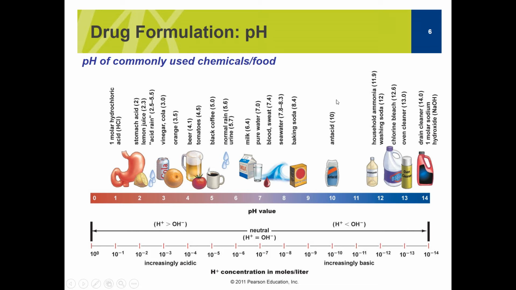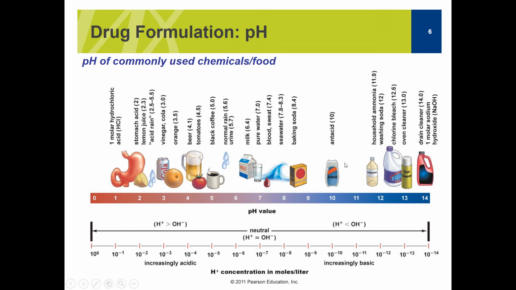Now, if we look at the different bases that we have, you can see bleach is a base, oven cleaner, and drain cleaner. So a lot of cleaning materials will have a high pH. And I just want you to know that this is a high pH. If the chemical is able to clean up your oven and clean up your drain, if it's that chemically reactive, that corrosive, I'm pretty sure anything with that pH will have a very detrimental effect on the glass vial as well.